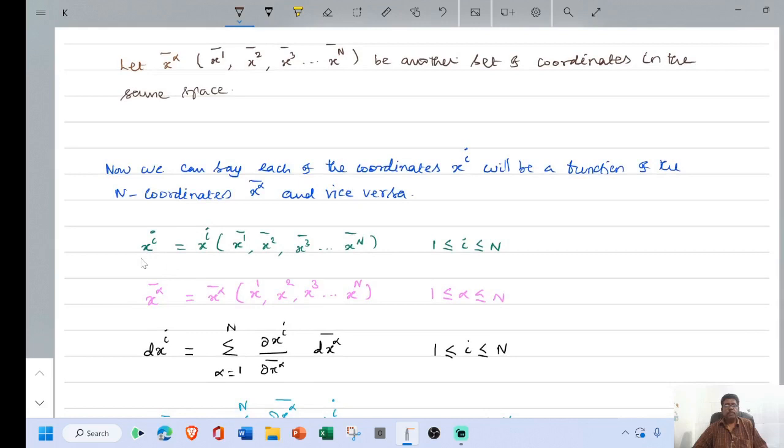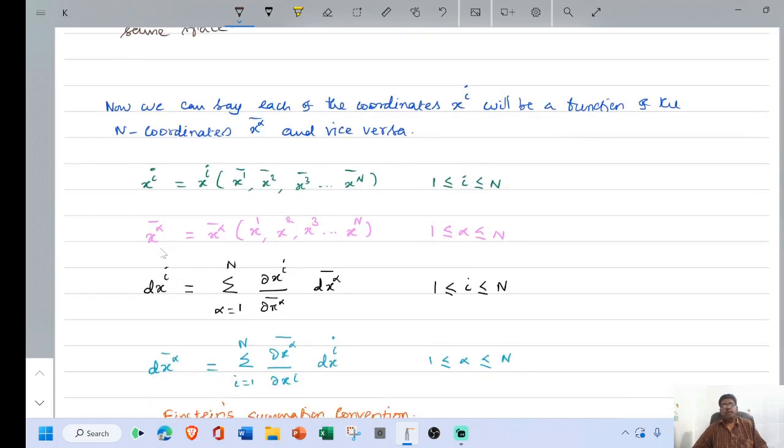See this? x superscript i is a function of x bar 1, x bar 2, x bar 3, and so on. Here the value of i is greater than or equal to 1, less than or equal to n.